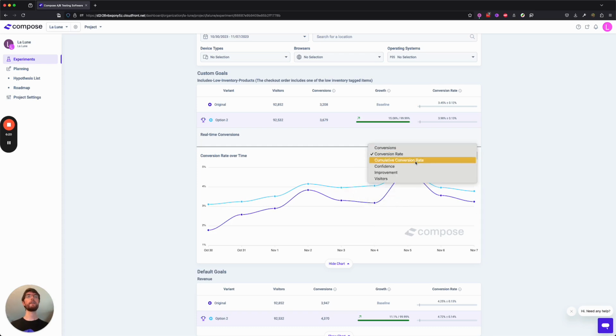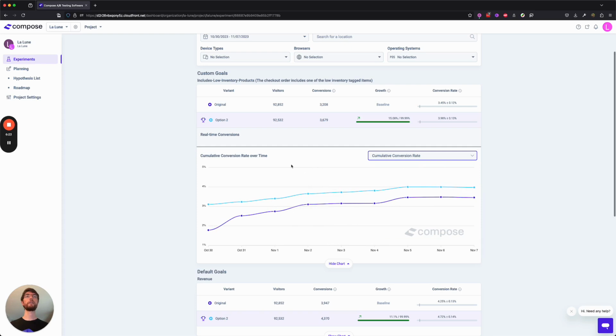We can see that also if we go to cumulative conversion rate. So this takes the conversion rate from the beginning of the test and aggregates it all up to that day. So we can see over time, the cumulative conversion rate was slowly increasing here.